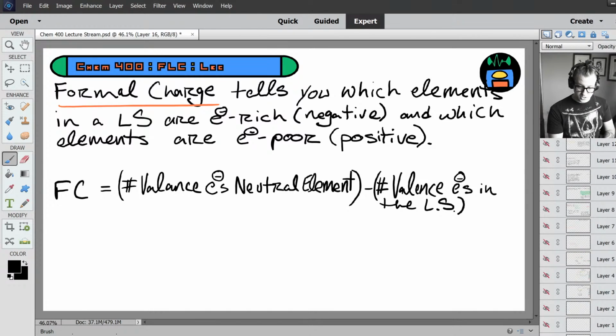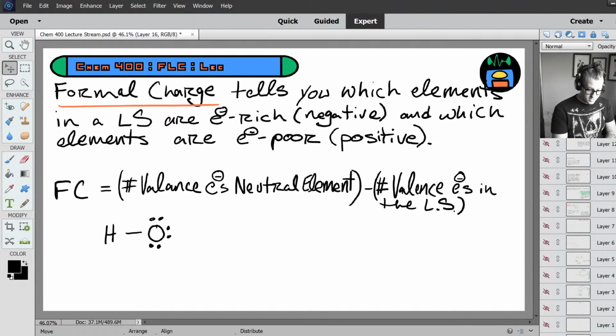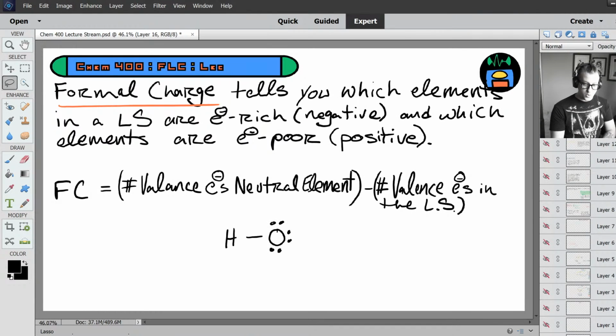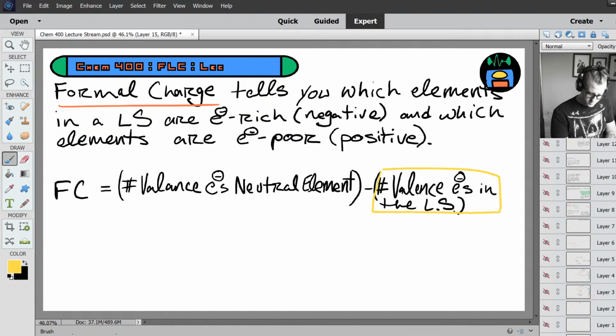if we're going to take the Lewis structure for hydroxide that we've drawn, we need to assign a formal charge for each. Hang on. We need to talk real quick about this. All right.